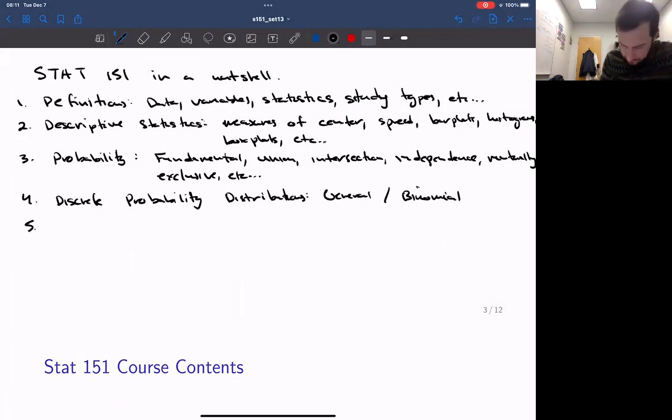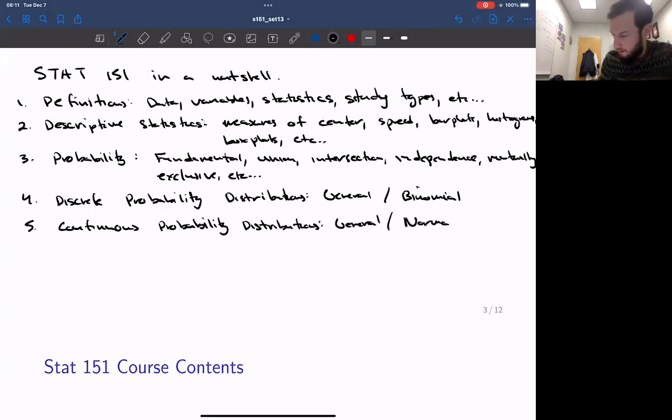Number 5, we did continuous probability distributions. So again, here we had general and we had the normal. Okay, so this would be kind of a key topic, right? Because the majority of the techniques that we have seen usually have a normality assumption. So it's very important that we understand what it means for something to be normal.